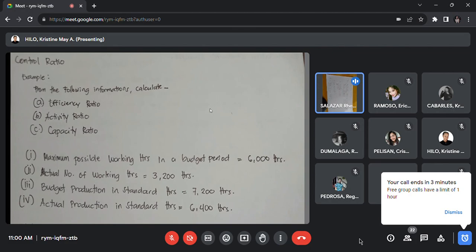So, ang actual hours is 3,200 divided by 6,000, i-times sa 100. 3,200 divided by 6,000 is equal to 0.53. Ato siya i-times sa 100, ang total is 53.3. Pag round off nato, 53%.